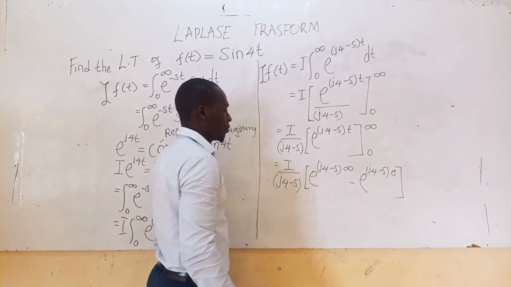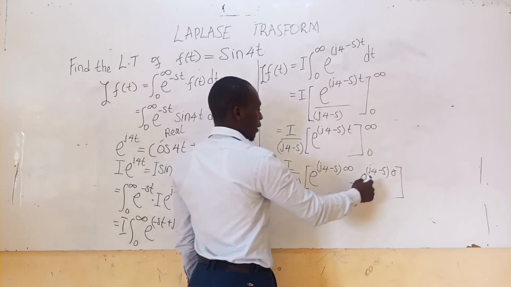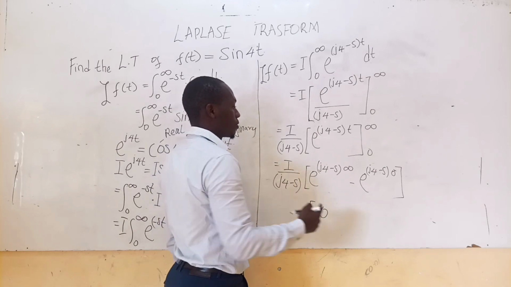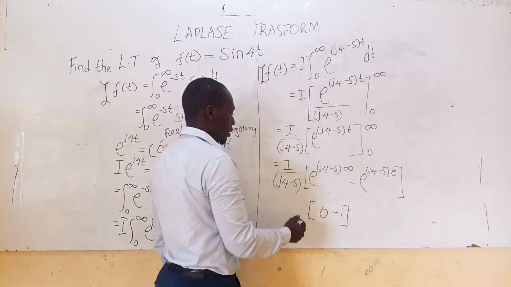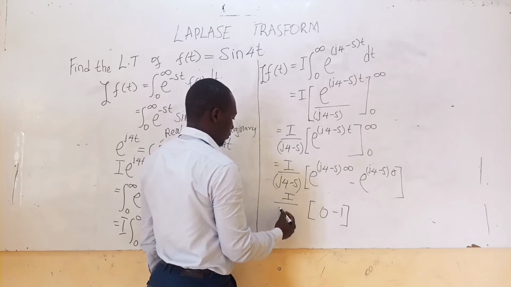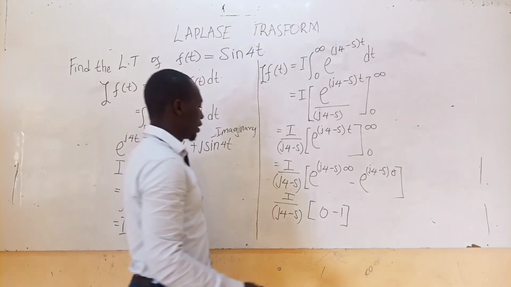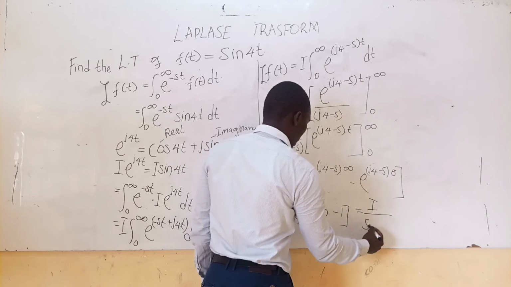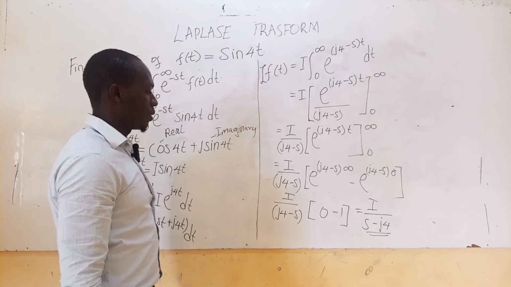Anything raised to the power infinity is equal to 0, and when we multiply 0 by what is within the bracket, we have 0. Anything raised to the power 0 is equal to 1, so we have negative 1 multiplied by j a minus s. Now this negative is going to affect the denominator. We have I over s minus j a as our answer up to that point.